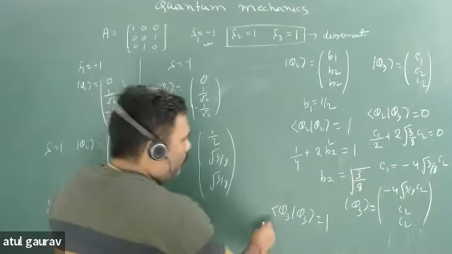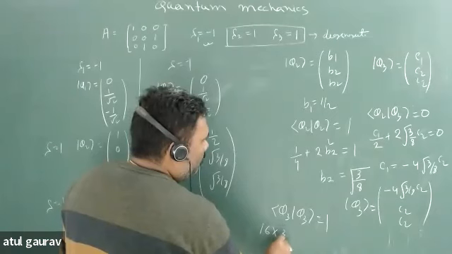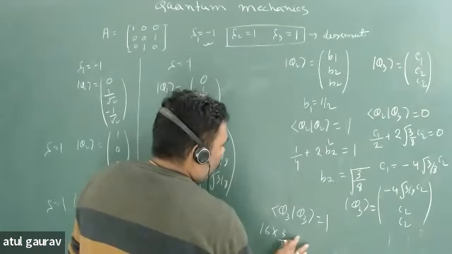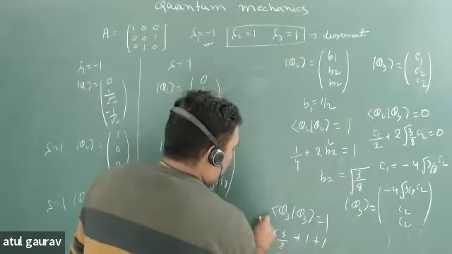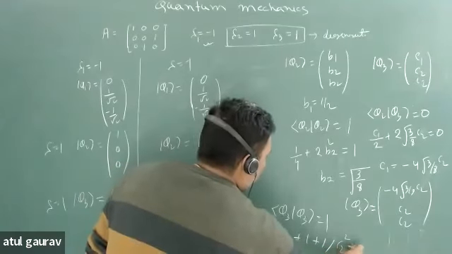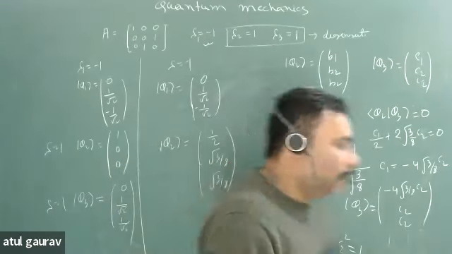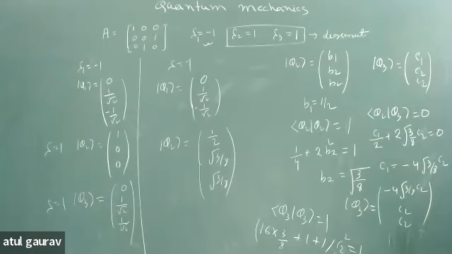From here, what will you get? 16 into 3 by 8 plus 1 plus 1, times C2 square, must be equal to 1. You will get the value of C2, isn't it? And what is the value of C2? 1 by root 8. C2 is equal to 1 by root 8.